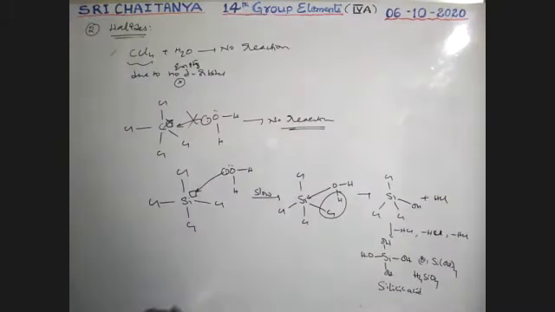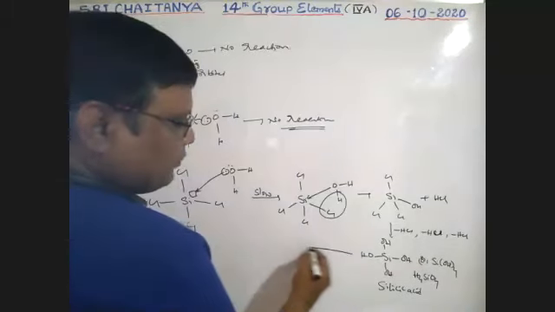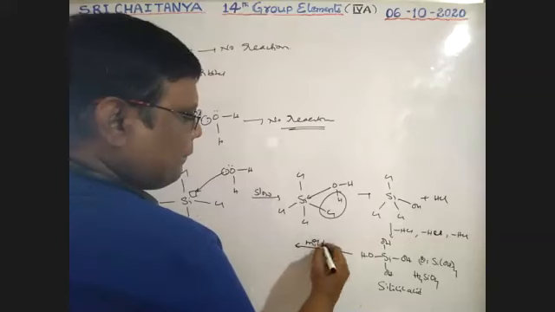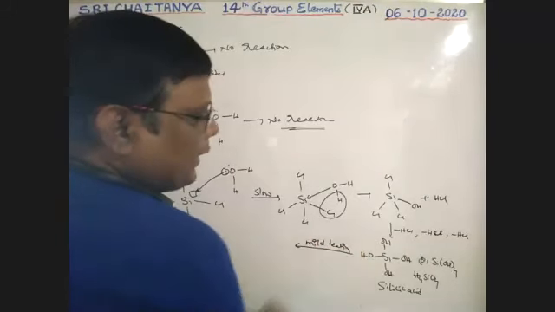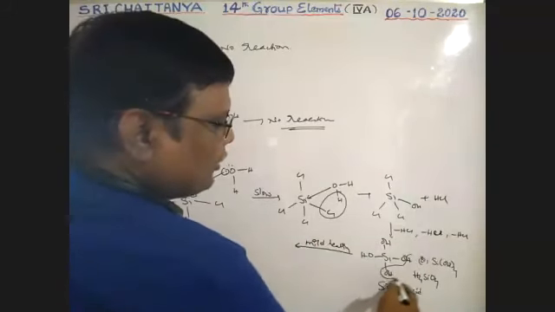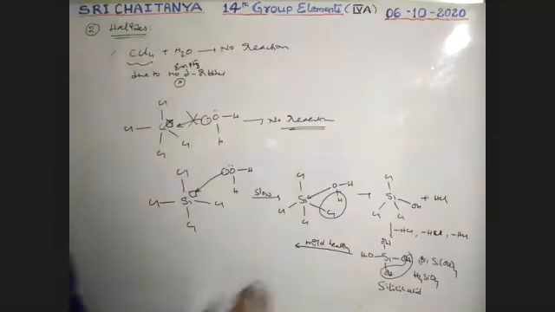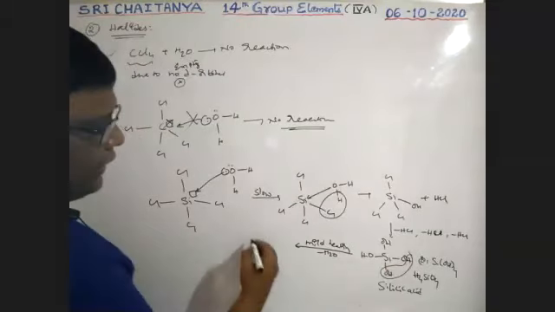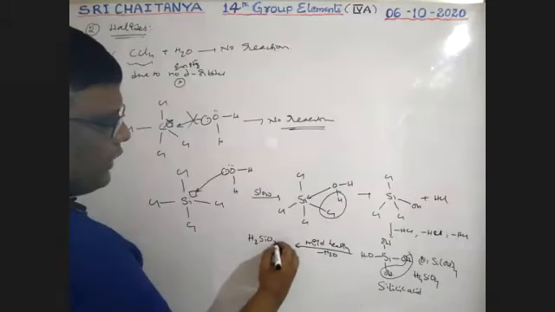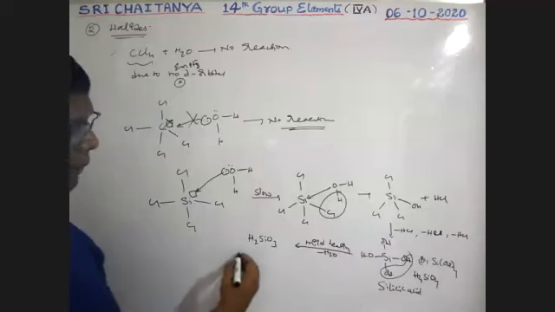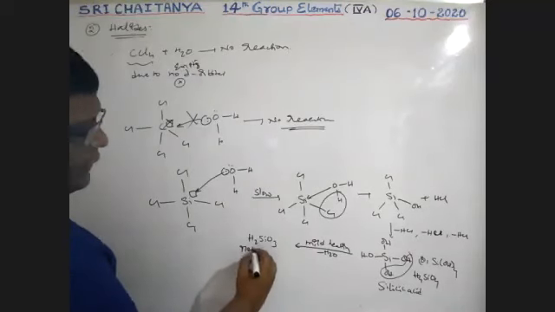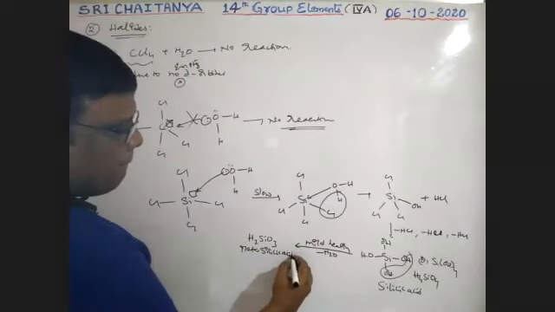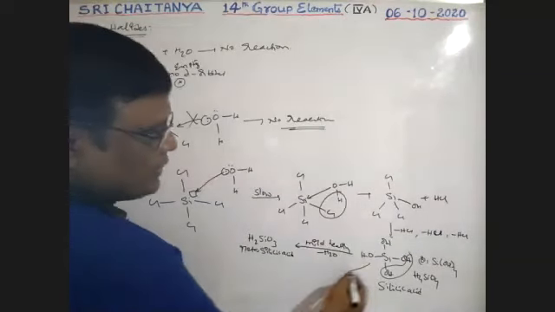If this silicic acid is heated mildly, one water molecule is eliminated, giving H2SiO3, which is called metasilicic acid.